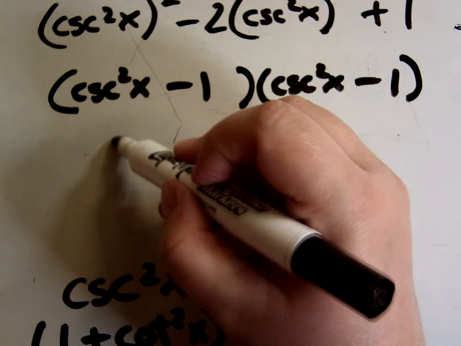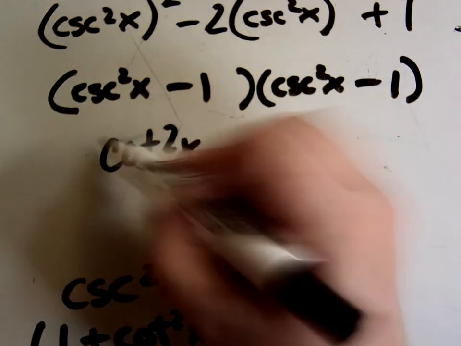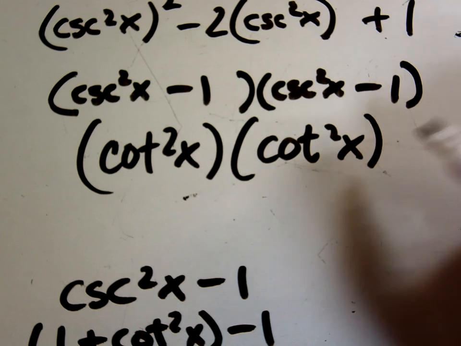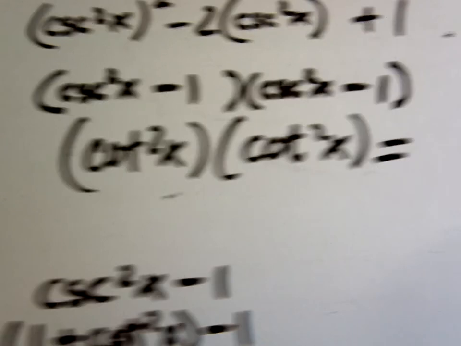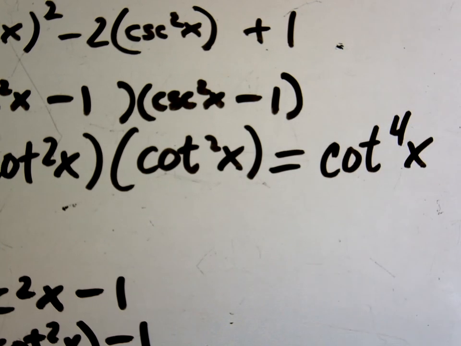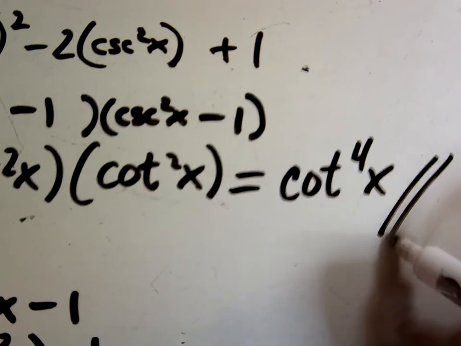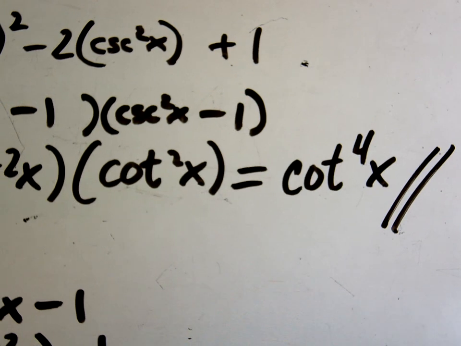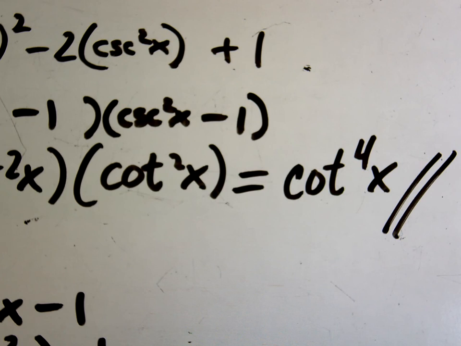So this is cotangent squared, and this is cotangent squared. And cotangent squared times cotangent squared is cotangent to the 4th. And that is what I was asked to show. Recognizing that pattern can be a very, very helpful thing.